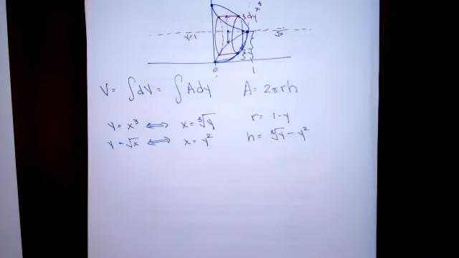Everyone see that? So let's set up this integral. Where were we at? We've got a dy. Our volume is now 2 pi, our radius was again 1 minus y, times cube root of y minus y squared, dy.